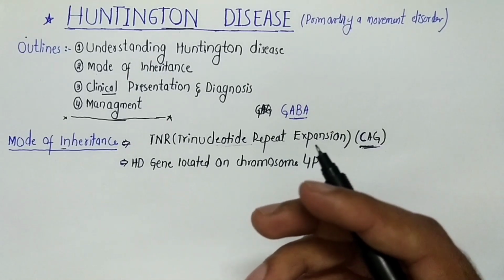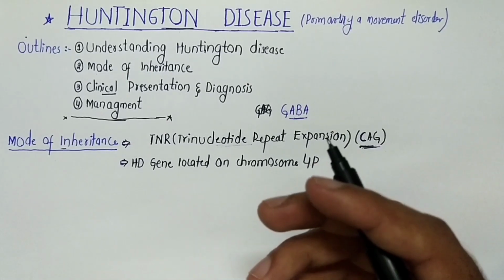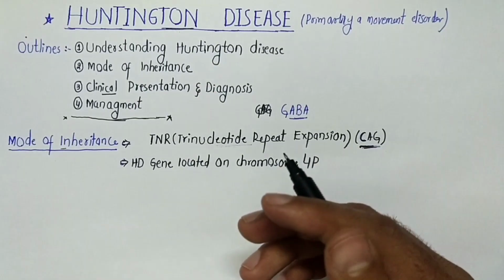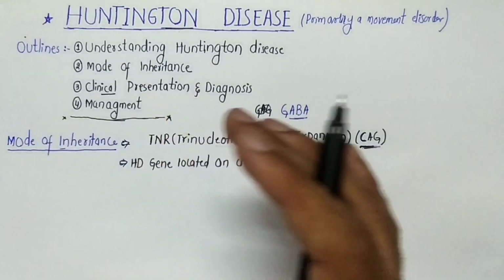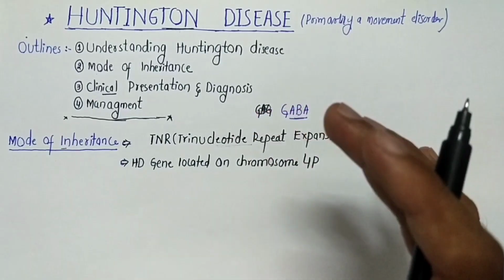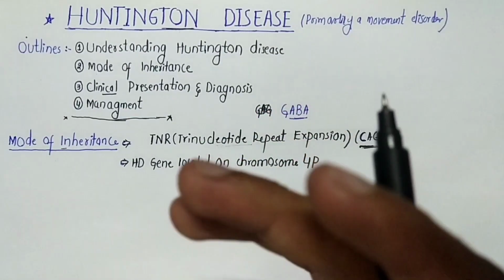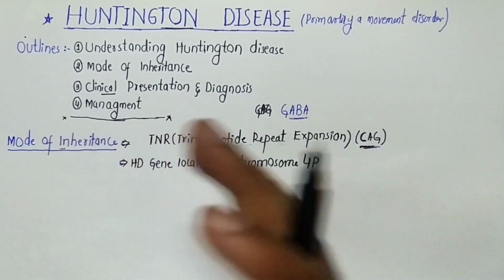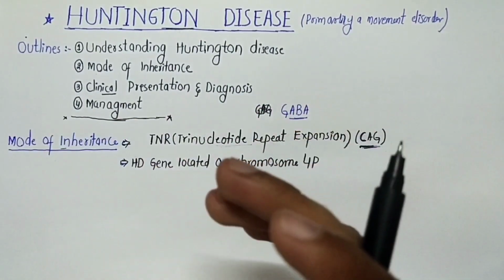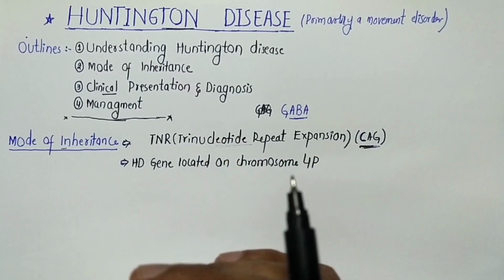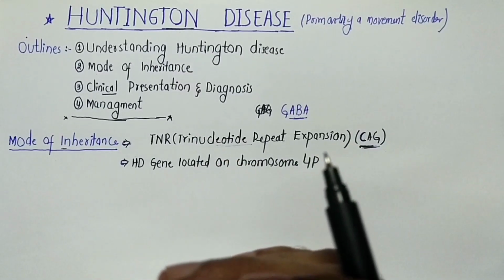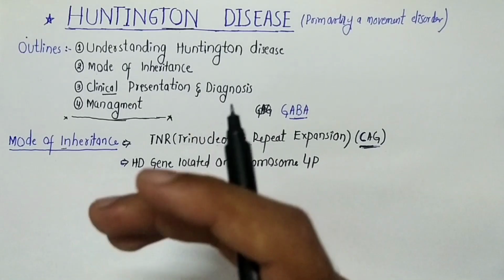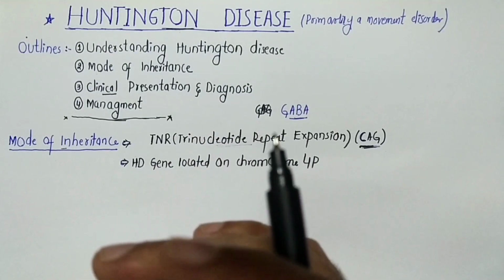This mutation leads to abnormal cleavage of the huntingtin protein, interfering with nuclear mechanisms and causing cell death. Thus, degeneration of the GABAergic neurons occurs, and at the very last stages of the disease, the caudate nucleus is completely atrophied, and at this stage dementia is also manifested along with the abnormal movements and behavioral disturbances.